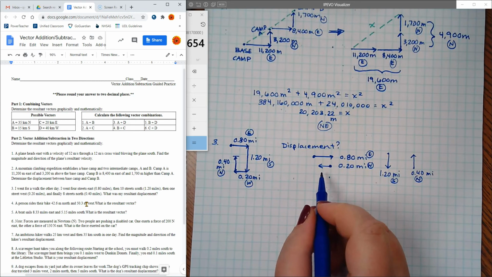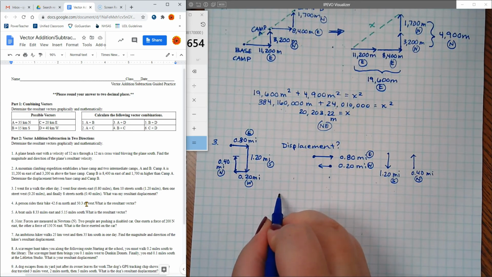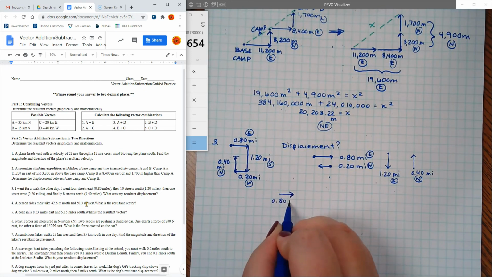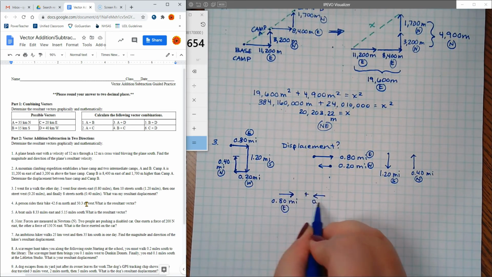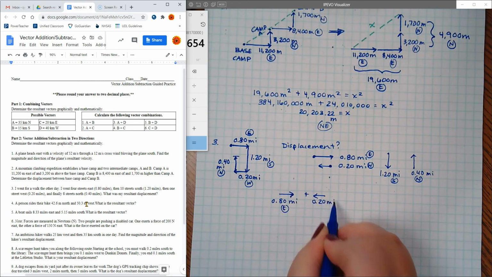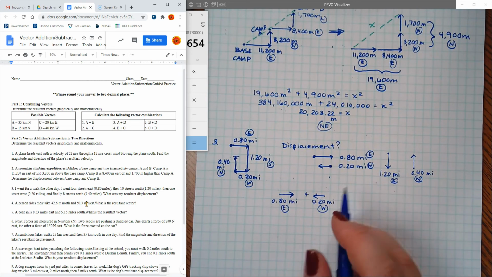So for the horizontal portion of this walk, I have my eastern vector of 0.8 miles, and I'm going to combine this with my 0.2 miles west. So they're going to opposite directions, so they partially cancel each other out. This is like a subtraction problem.